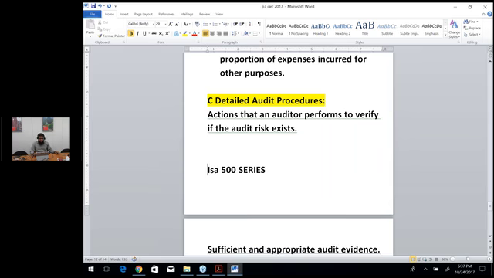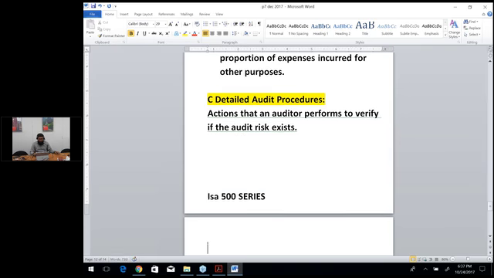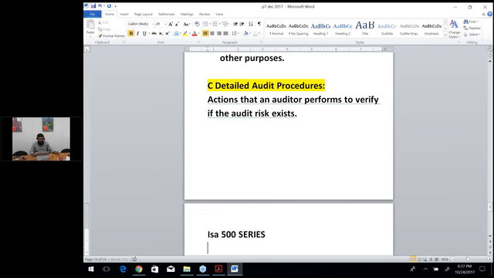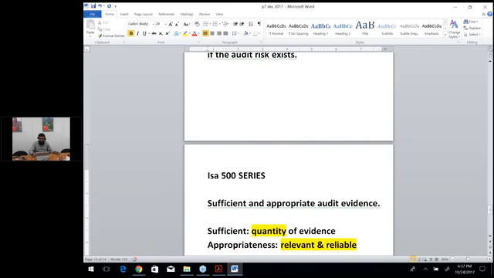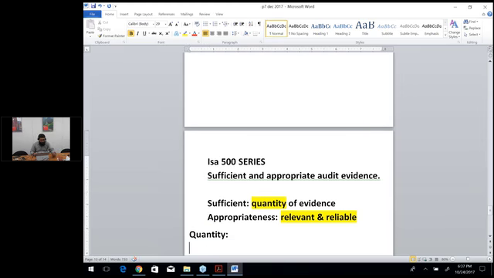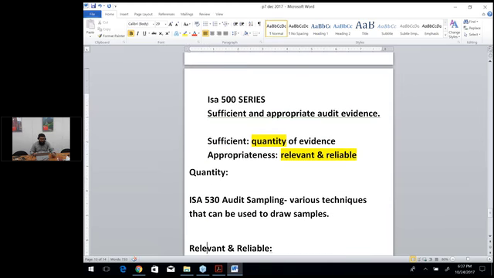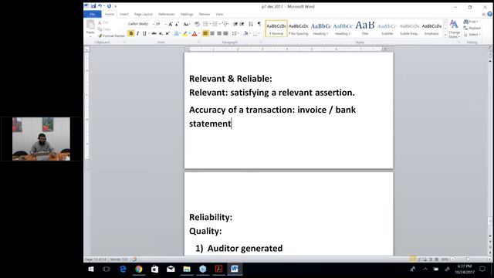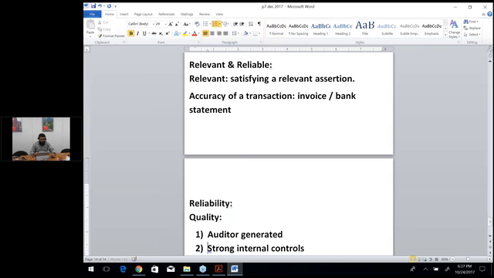And what is the objective of performing the audit procedure? The ISA 500 series requires that the auditor has to gather sufficient and appropriate audit evidence. We have already talked about the sufficiency and appropriateness of audit evidence.